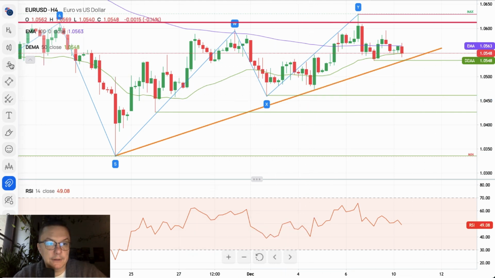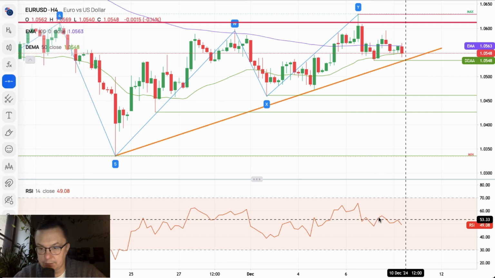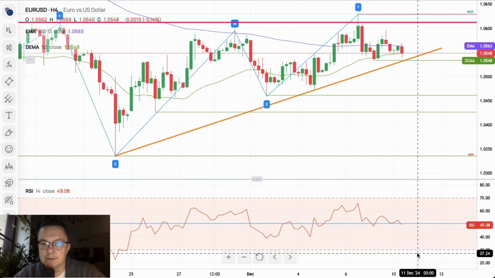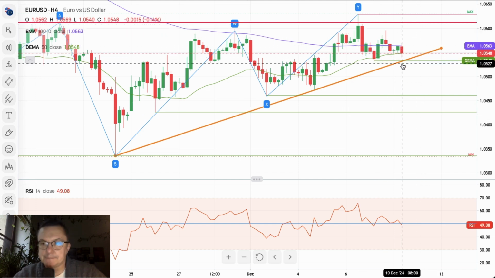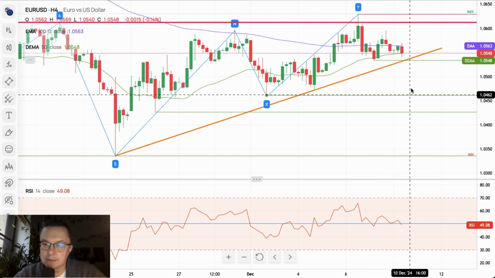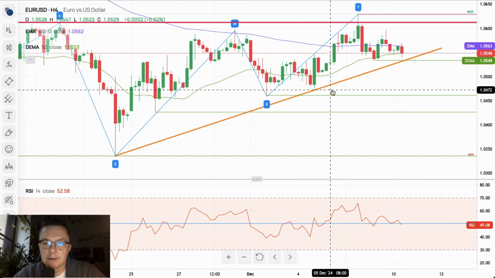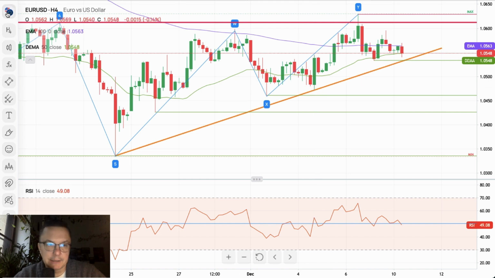So one more thing I would like to point out on this chart would be the horizontal line at the level of 50 on the RSI. As you can see, the market is about to break into the negative territory. So if we additionally break out of the trend line support, the chances for testing the wave X low or 1.0470 low are very high.